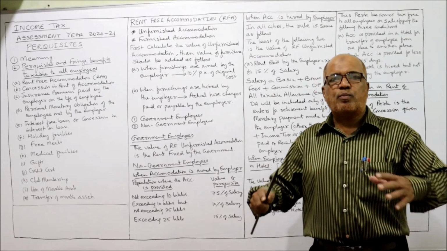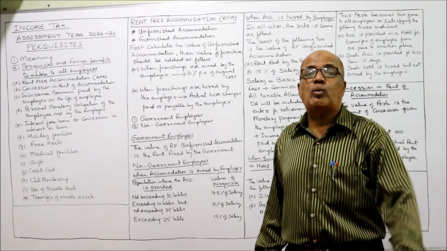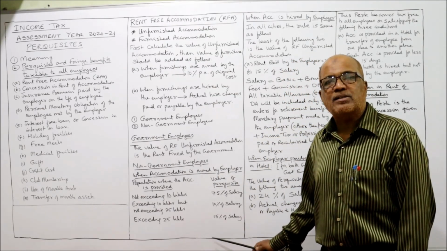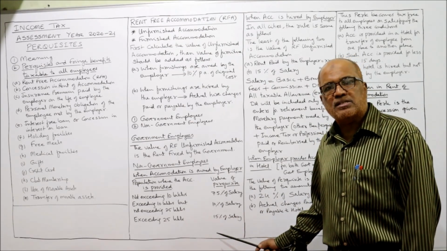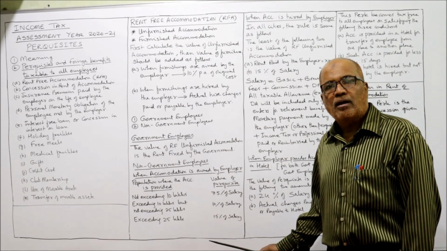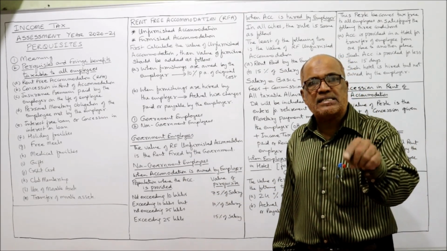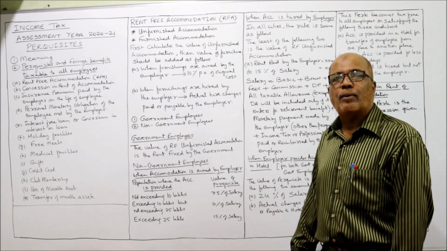If the accommodation is provided in a big town where the population is more than 25 lakh people, the value of accommodation is 15% of salary. So 7.5%, 10%, 15% of salary, you have to remember. These provisions will be applied for non-government employees when the accommodation is owned by the employer.